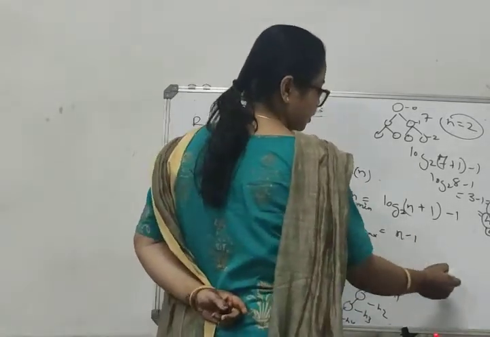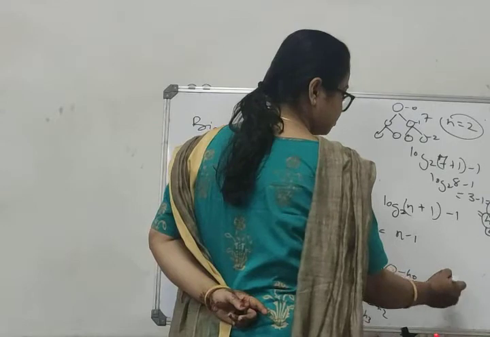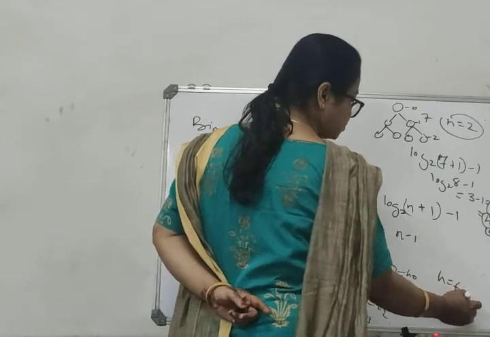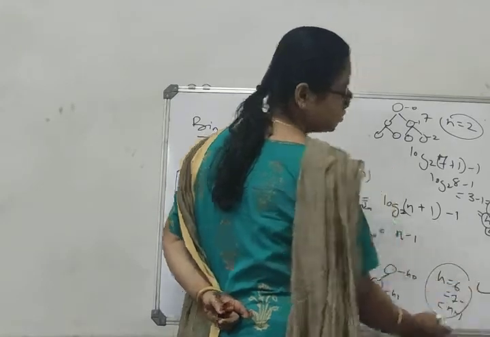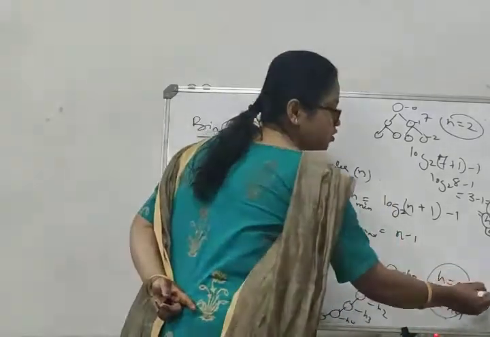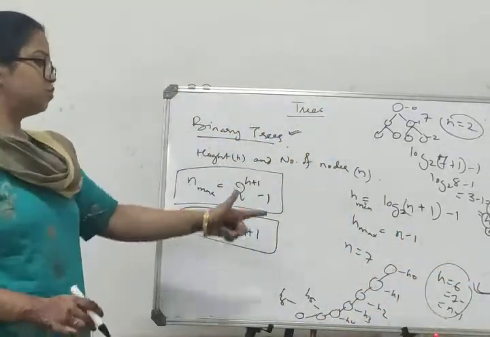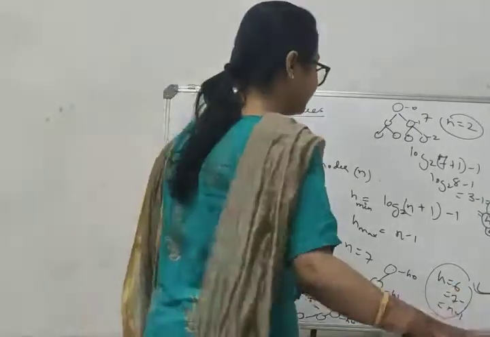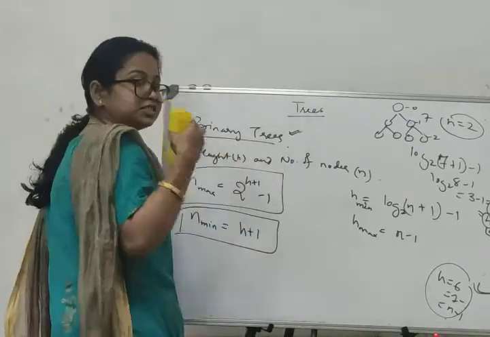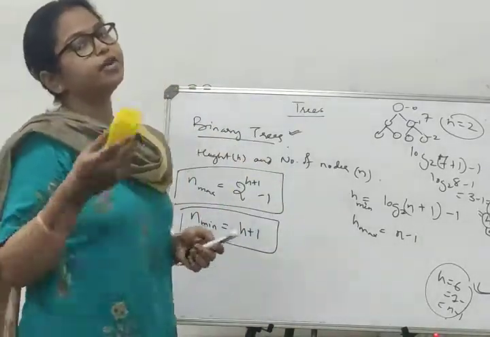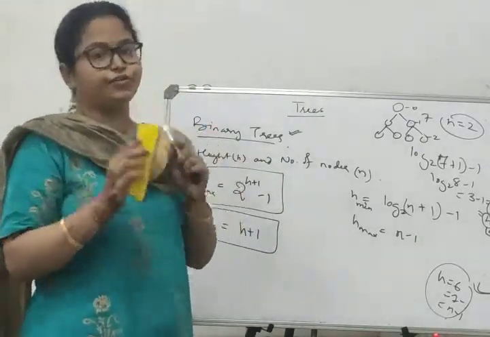So here h is equal to 6, which is 7 minus 1, which is n minus 1. So it is also falling into the formula. So this is also perfectly right. So we have cross-checked everything. So given the number of nodes, we can find the maximum height of a tree, and we can also find the minimum height of a tree.